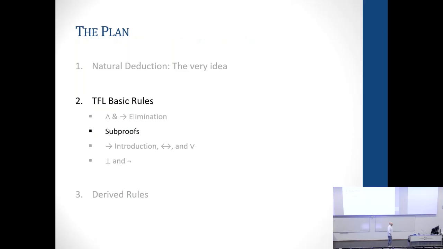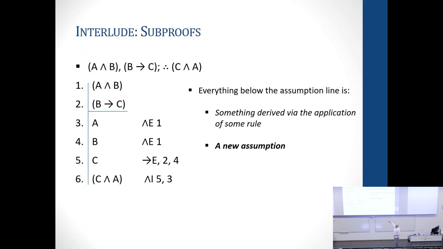All right. Now, in order to understand the next collection of rules, we need to talk about this idea. So remember I said everything below the assumption line is either a sentence we're going to derive or a new assumption. When we talk about adding a new assumption, we don't mean that it's going to sneak back in above our assumption line.